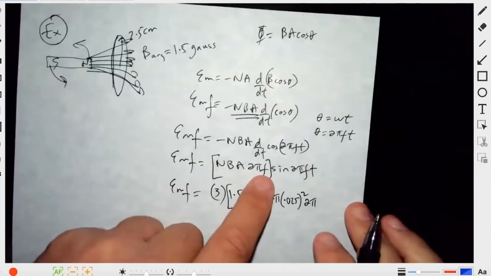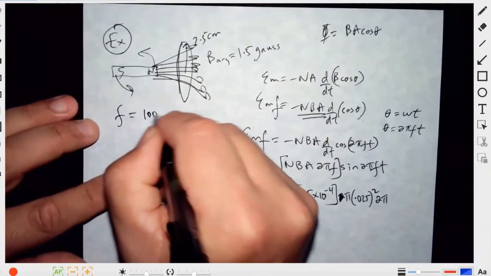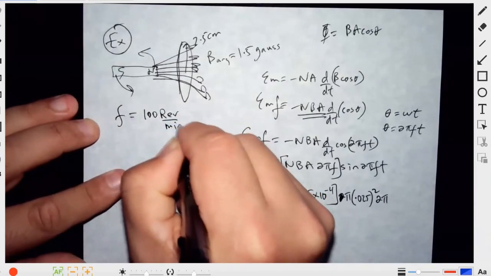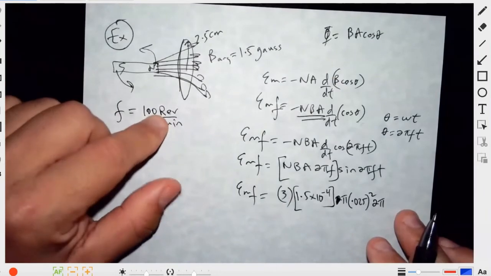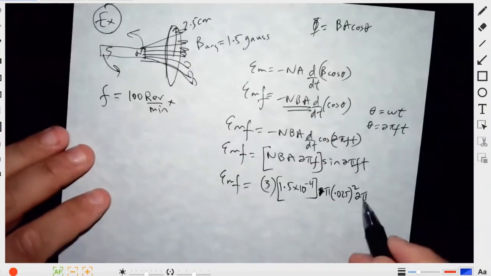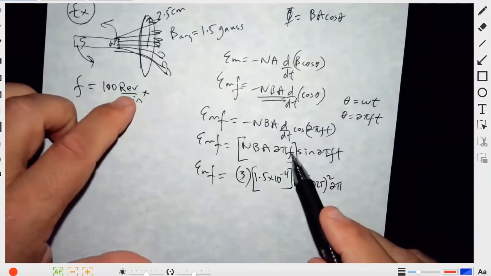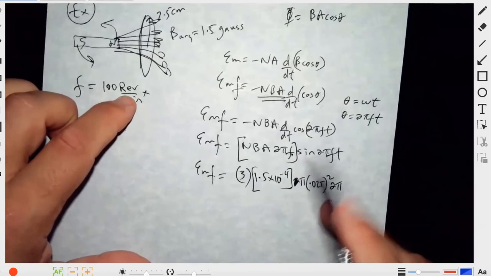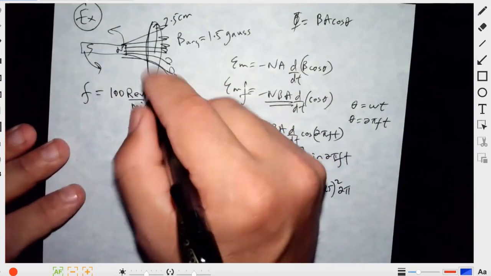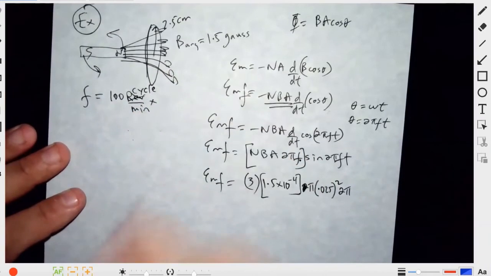Okay, now what's our frequency? Our frequency is given in units of 100 revs per minute, right? RPM stands for revolutions per minute. So to change that to frequency, the usual metric unit of frequency is cycles per second. Well, 1 revolution is the same as a cycle. So then we don't have to necessarily change that.